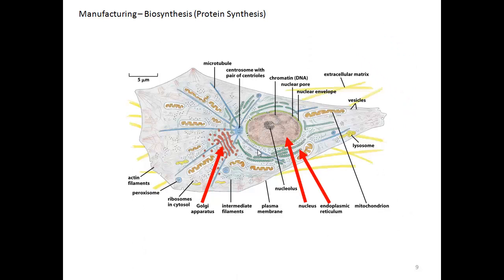Now, protein synthesis can occur in two places. They can occur in ribosomes here in the cytosol, these dots, or they can occur in ribosomes on the endoplasmic reticulum. Proteins that are made in the endoplasmic reticulum are destined for an organelle or cellular membrane, or to be secreted to the external environment.